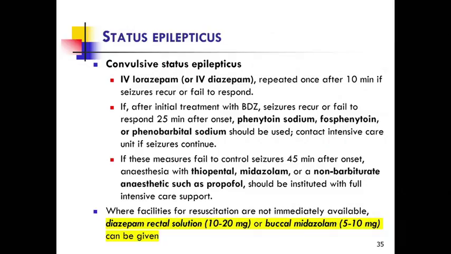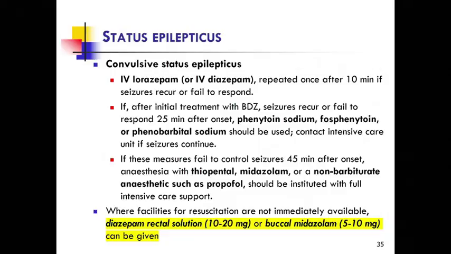Then hopefully the seizure should stop within 10 minutes. If it doesn't, repeat the same dose that you gave. Then if it doesn't stop after 25 minutes from onset, okay, that will mean 5 minutes after the second repetition of the benzodiazepine, then you can try phenytoin or the water-soluble version of it, fosphenytoin, or phenobarbital.